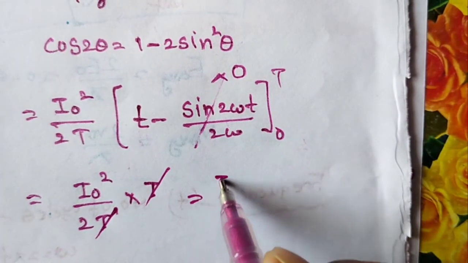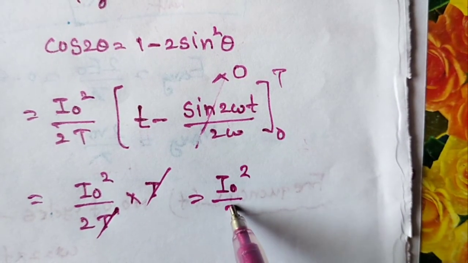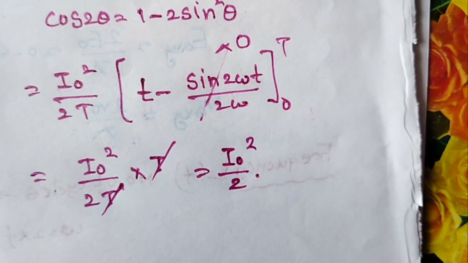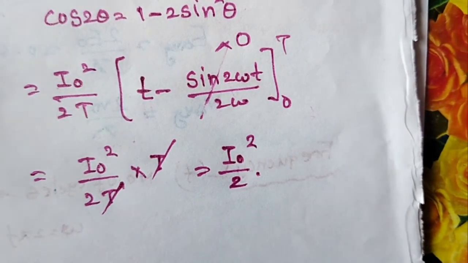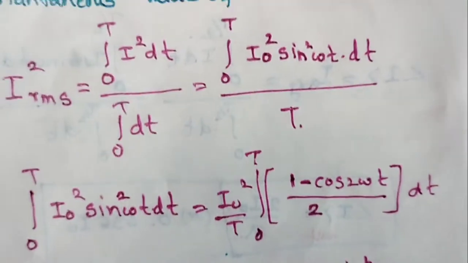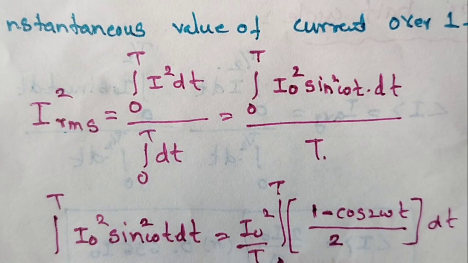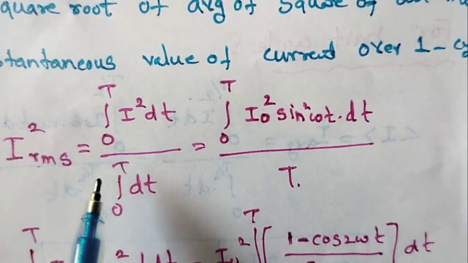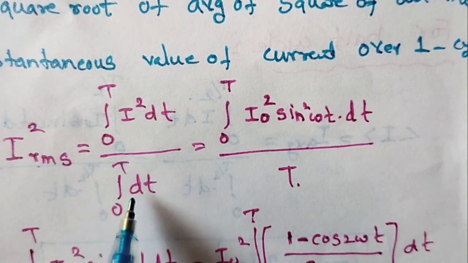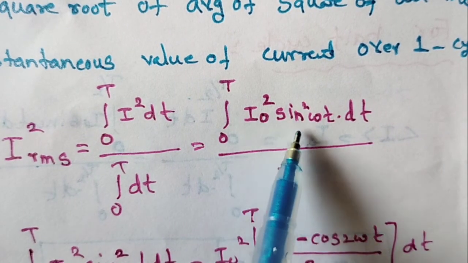Substituting the limits, T cancels. So what is the value? I naught square by 2. So I square RMS, which I am taking previously as integral 0 to T I square dt, that is 0 to T I naught square sin square omega t.